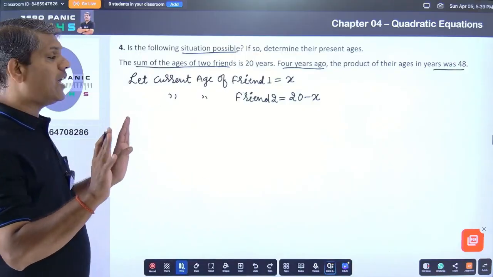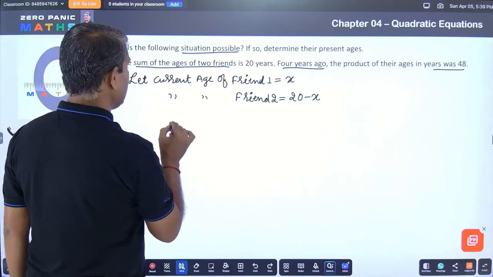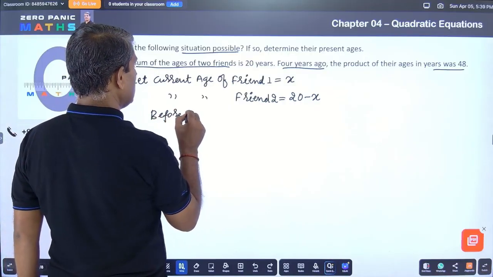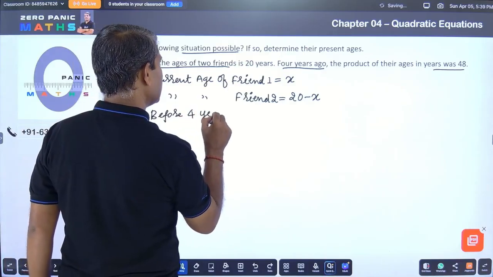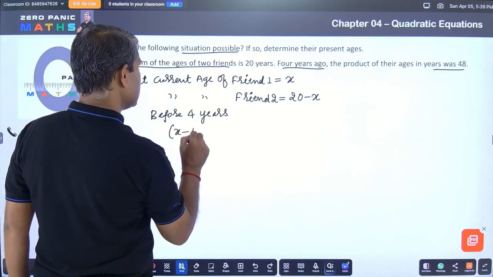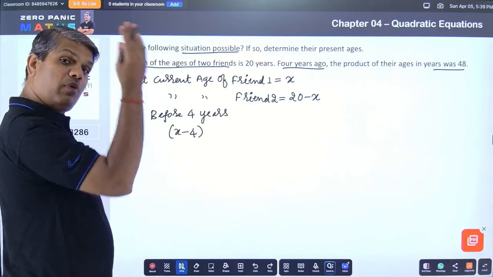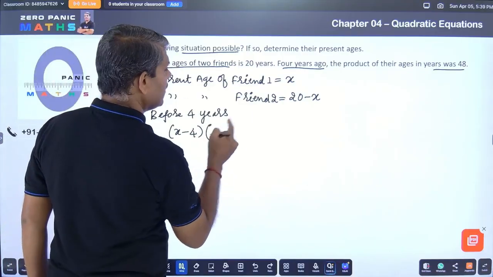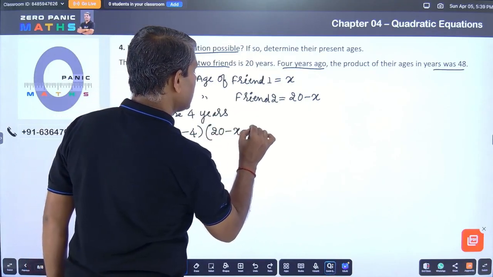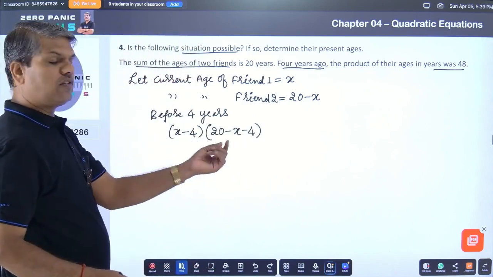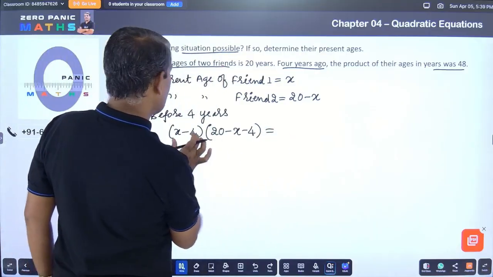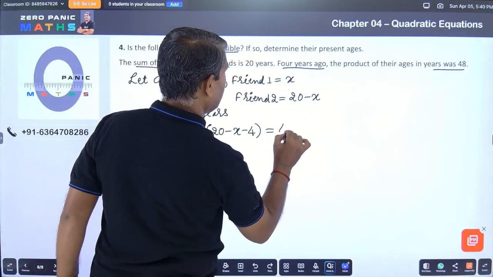So before 4 years, x minus 4 is the age of the first friend, and the age of the second friend is 20 minus x minus 4, because you have to subtract 4 from the second friend's age also, and the product of these two is given as 48.